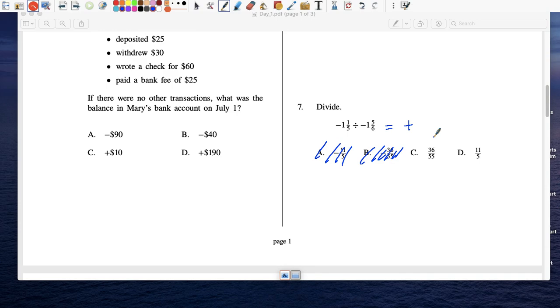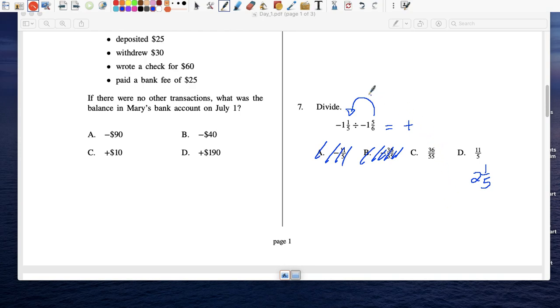Now, without even using a calculator, again, think about it. If you have -1 1/5 divided by -1 5/6, how many times can this number go into that number? D says 11/5, that's the same thing as 2 1/5.